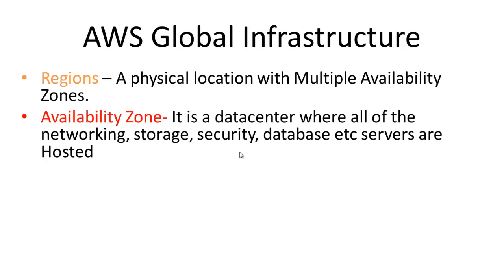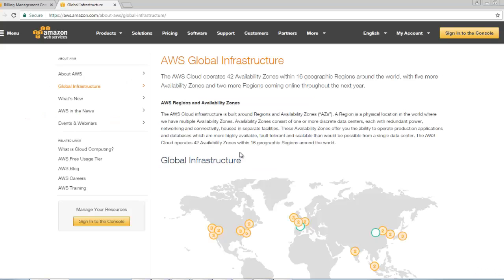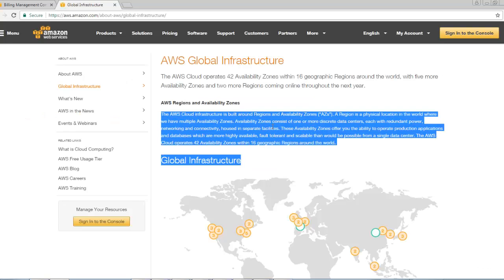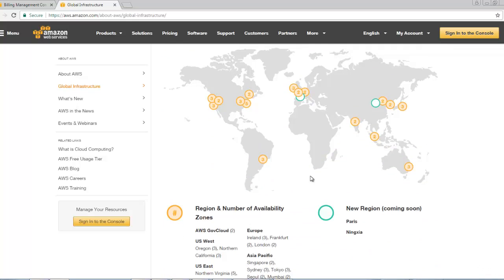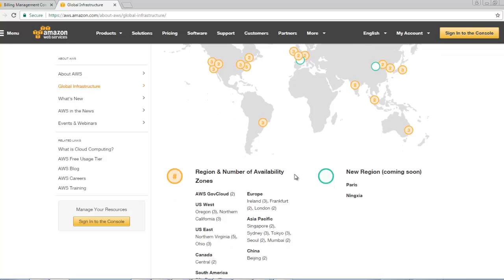So let me take you to the diagram. You see that they have given the definition of region and availability zones. So this is India, this is I think US.